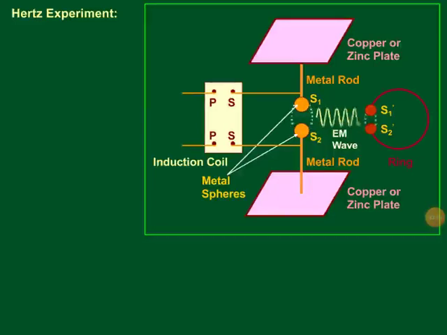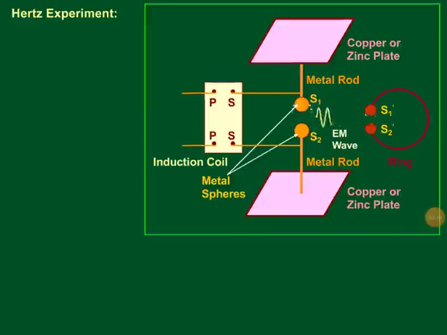Similarly, you can see that the two metal spheres in the ring also produce a spark similar to S1 and S2. At S1 prime and S2 prime also, sparks come out. That shows the detection of the electromagnetic wave.